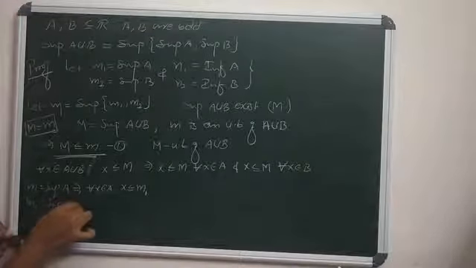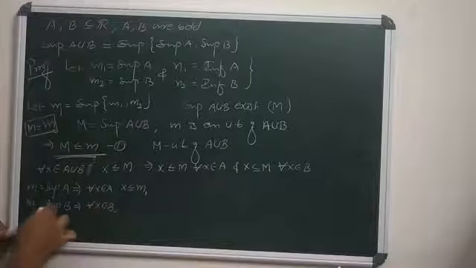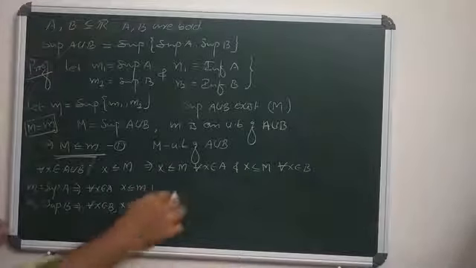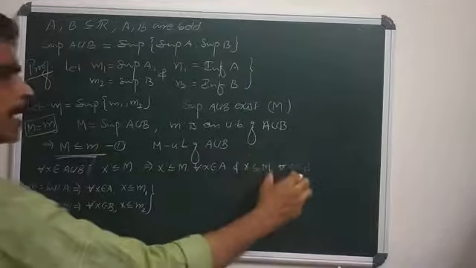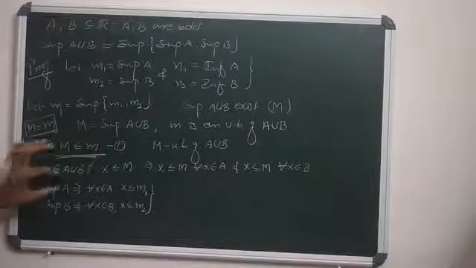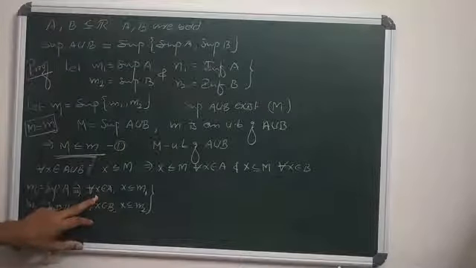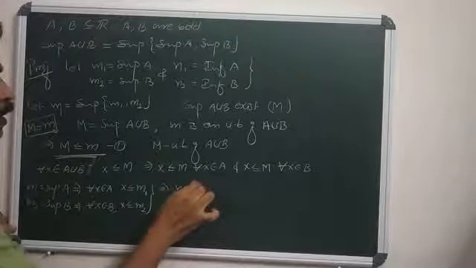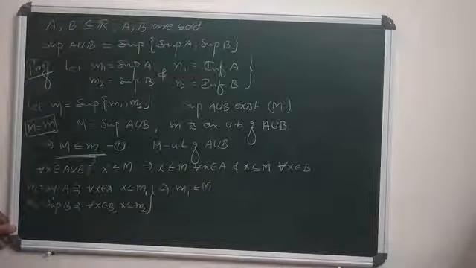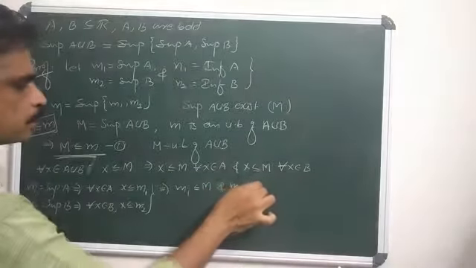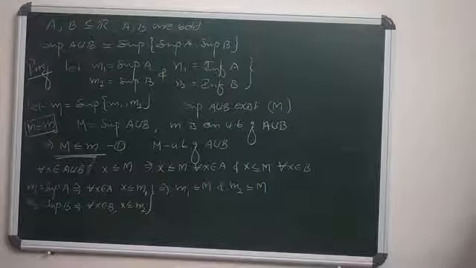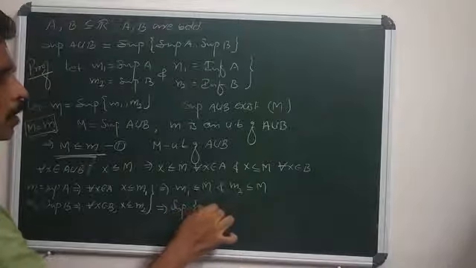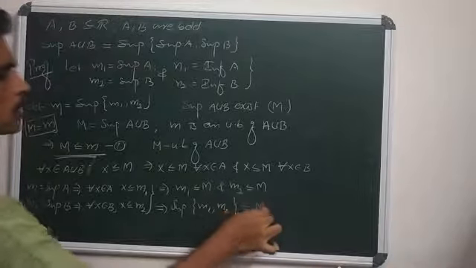M2 is the supremum of B, so for all x in B, x is less than or equal to M2. Combining these results, we have x less than or equal to M for all x in A and x less than or equal to M for all x in B. But here x is less than or equal to M1 for all x in A and x is less than or equal to M2 for all x in B. So this implies M1 is less than or equal to M and M2 is less than or equal to M, which means the supremum of M1 and M2 is also less than or equal to M.